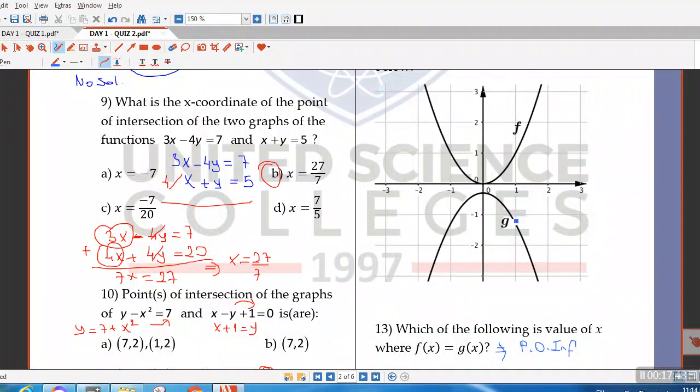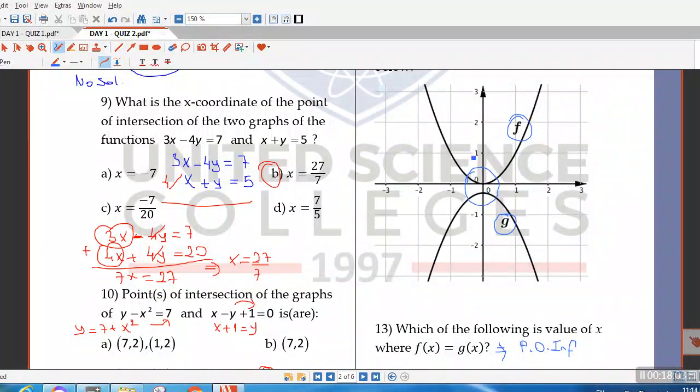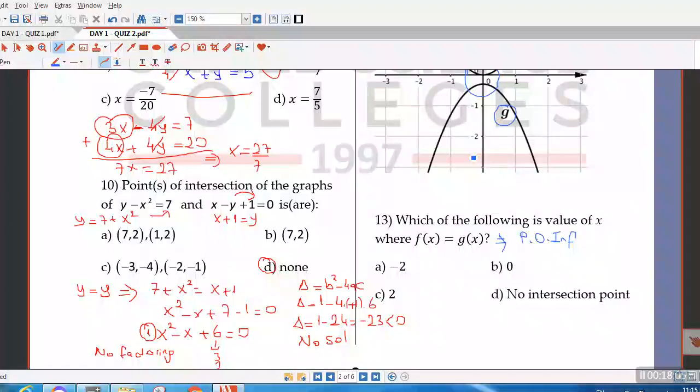If we pay attention to the given graph, function f is an upward parabola, function g is a downward parabola. I am looking for, is there any common point? I couldn't see any common point of the given graphs, so there is no point of intersection in question 13.